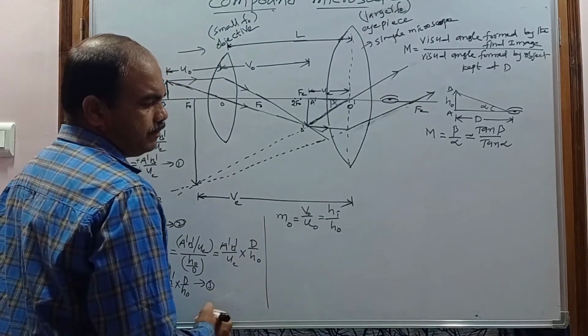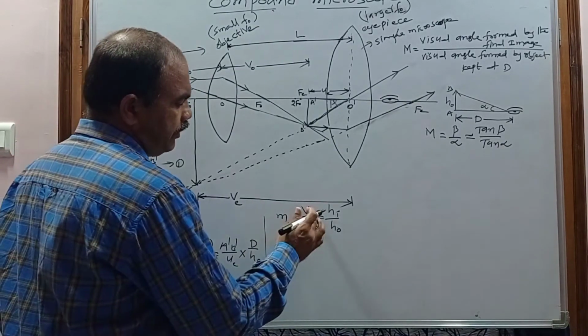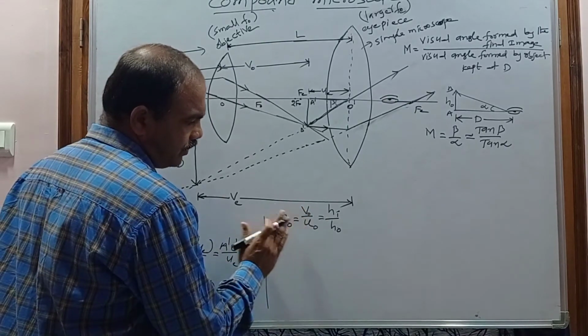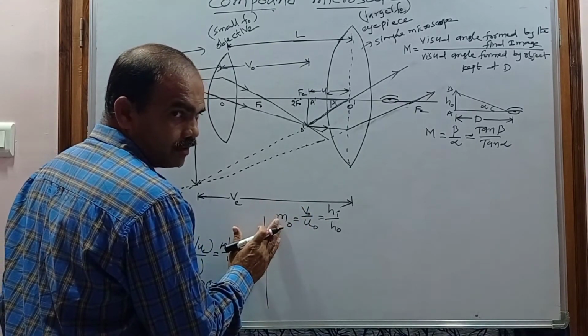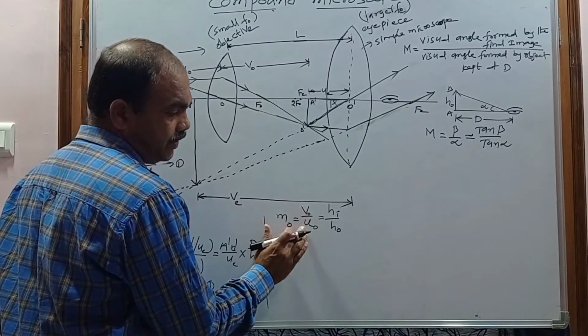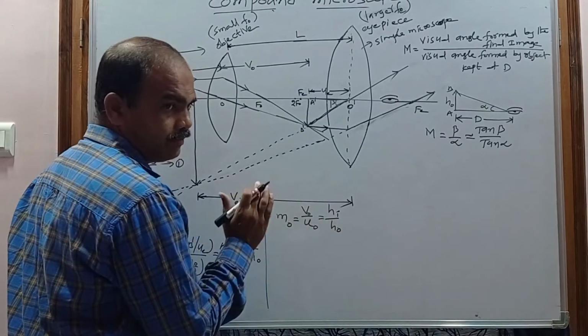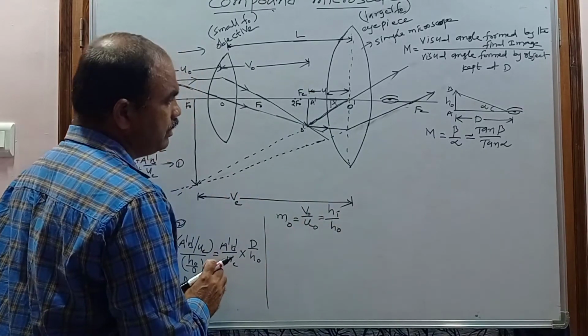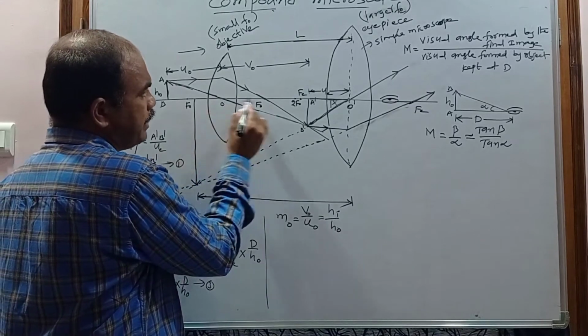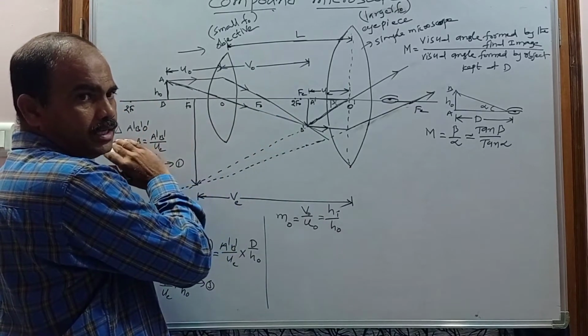So if you apply the sign convention, now you don't know the magnifying power of this objective, but you know V naught, U naught and height of the image by height of the object. All the distances are measured from the optic center. The distance measured in the direction of light is positive, the opposite direction is negative.